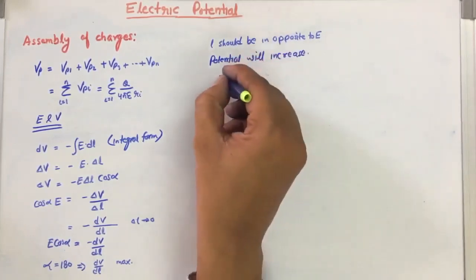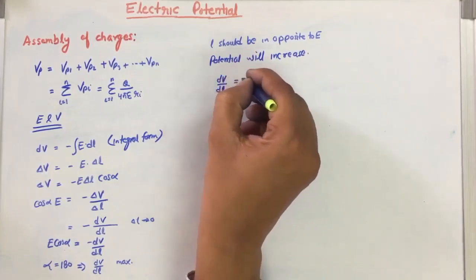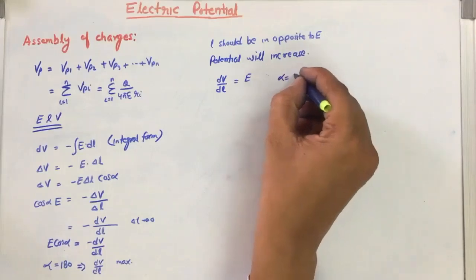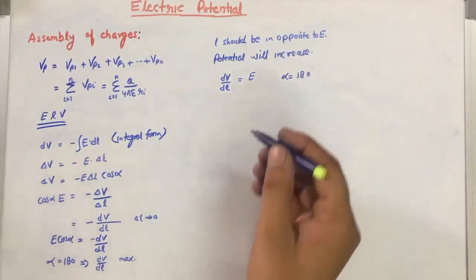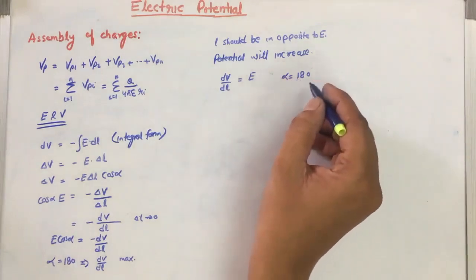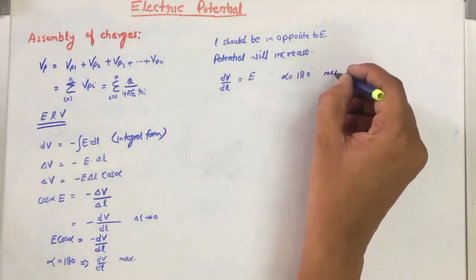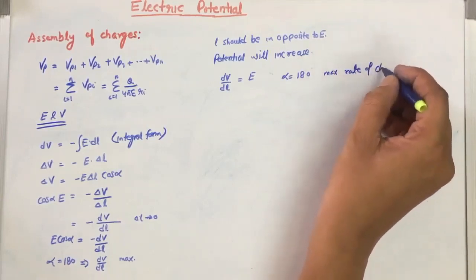So we can say dV over dl becomes equal to E when alpha is equal to 180 degrees, and that is the maximum rate of change.